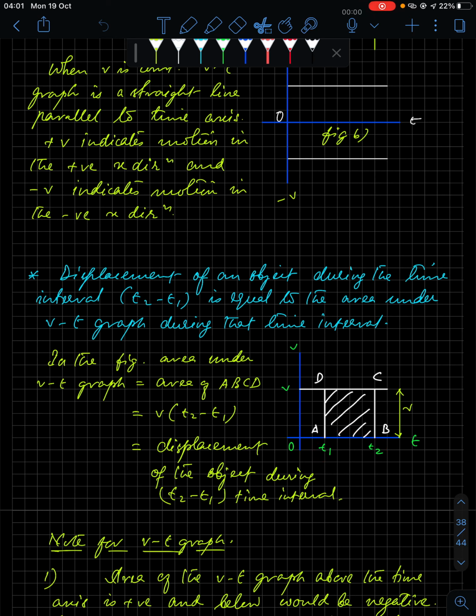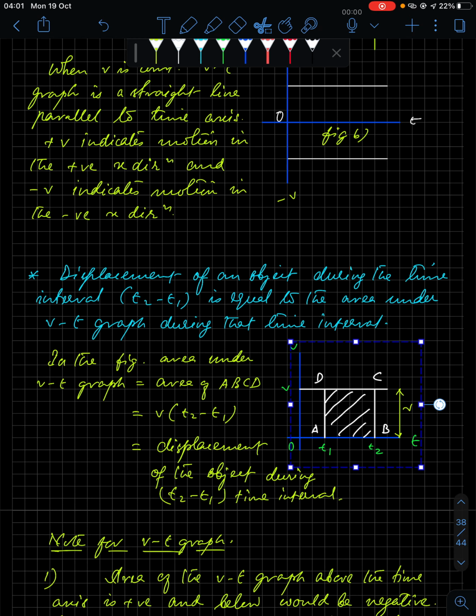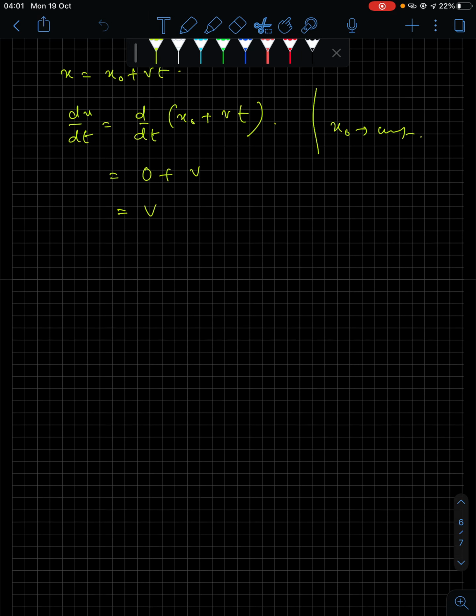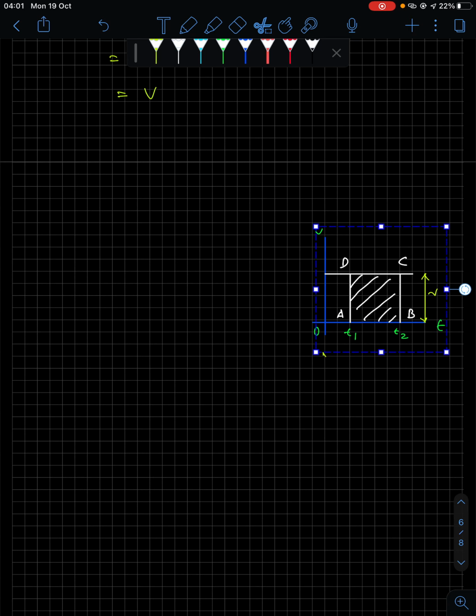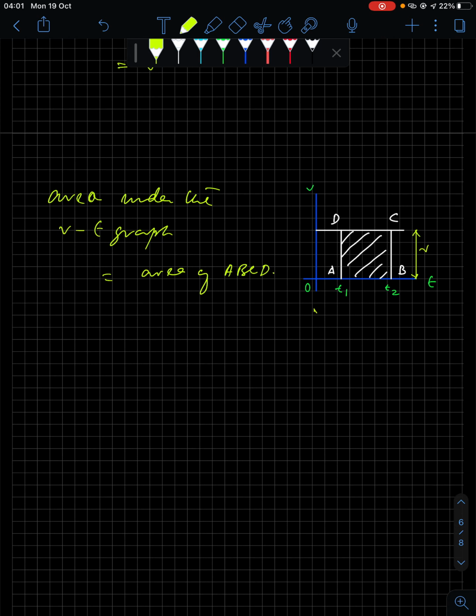Let me copy this graph. Here I write area under the vt graph, that is area of ABCD, because we are considering the time interval t2 minus t1.